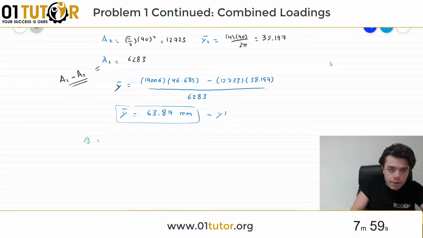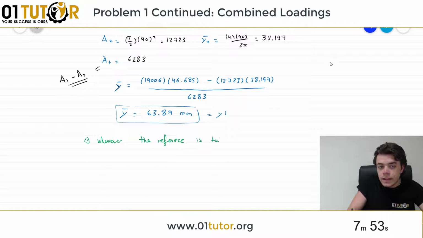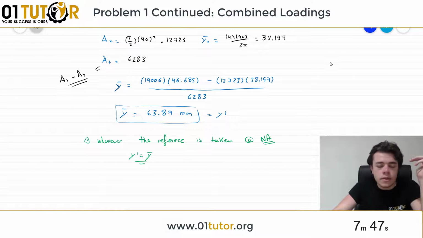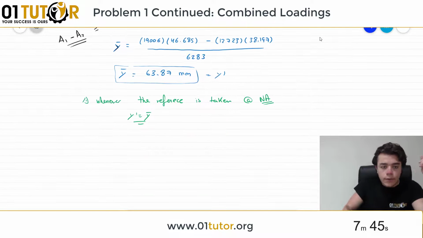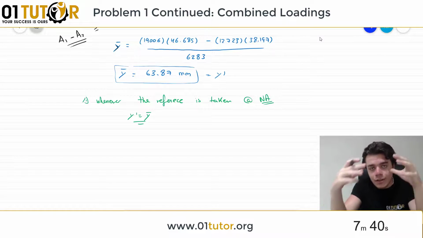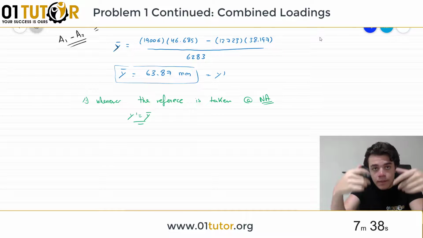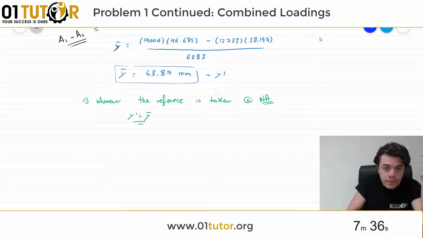So put this as a remark. Whenever the reference is taken at the neutral axis, y prime is going to be equal to y bar, in this section and in chapter 7. All right. So y prime, by definition, is the vertical distance between the centroid of area prime and the neutral axis, which is what we got in here, 63.87.